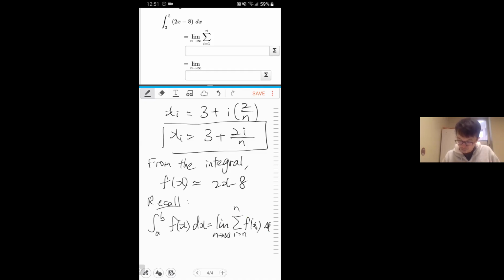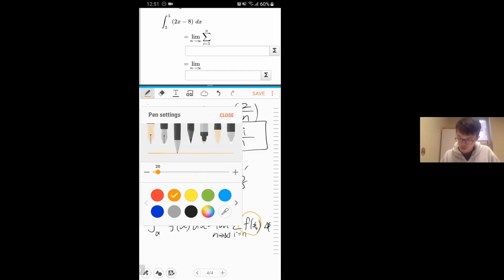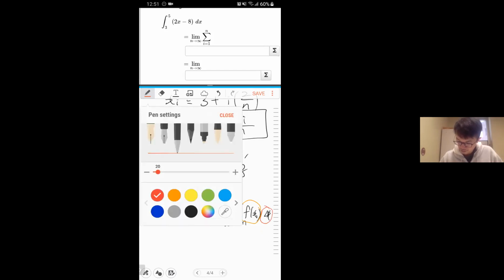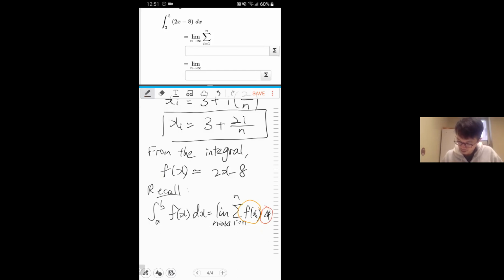So I need to compute f of xi. Sorry, what I mean is for the first entry in your answer, we want to put in f of xi as well as delta x. So let me do the next page.